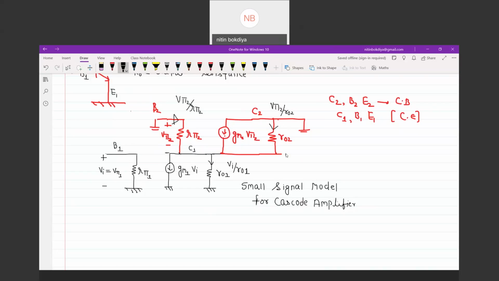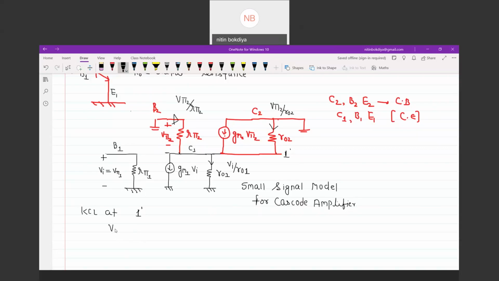Let's say this terminal is 1 prime, and I am applying KCL at 1 prime. The KCL at 1 prime is given by total incoming current equals total outgoing current.